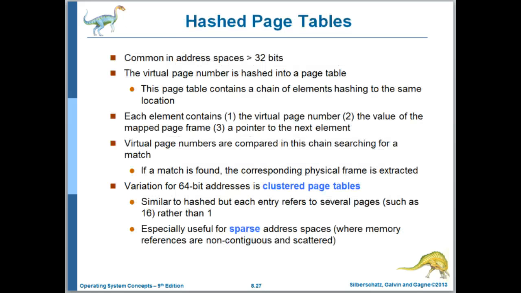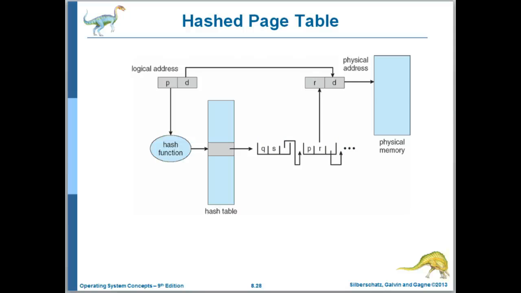Well, this is a search problem. One of the commonly used solutions to search problems is hashing. So why don't we hash on the page number and see what happens. Here's the idea.